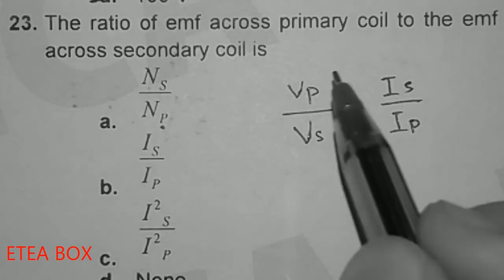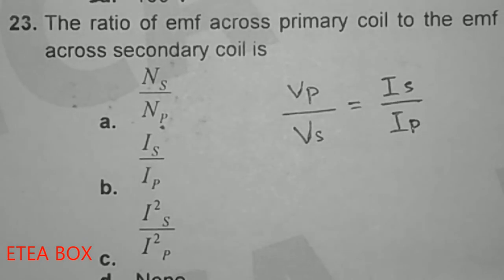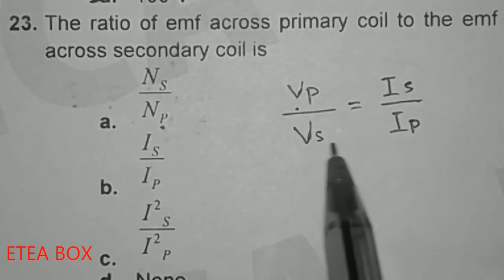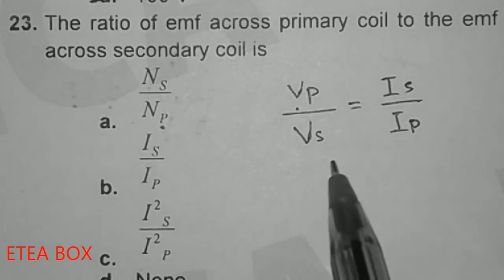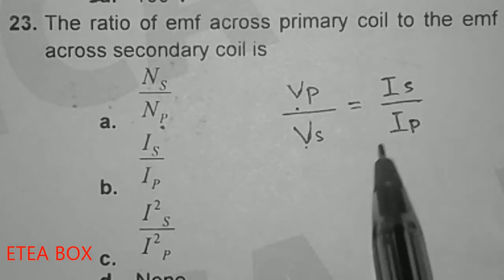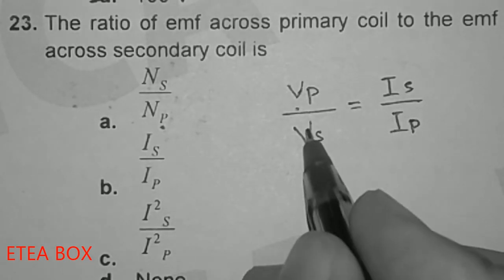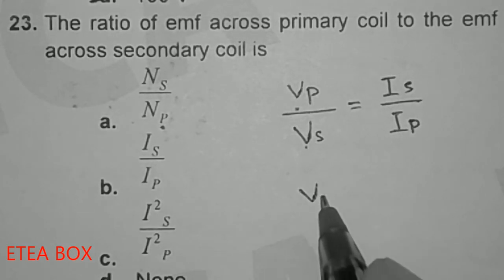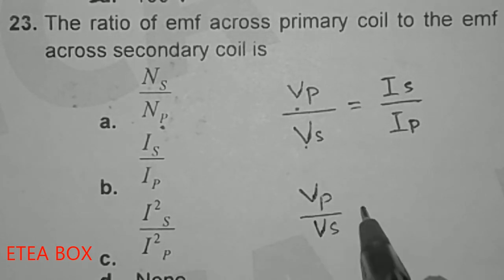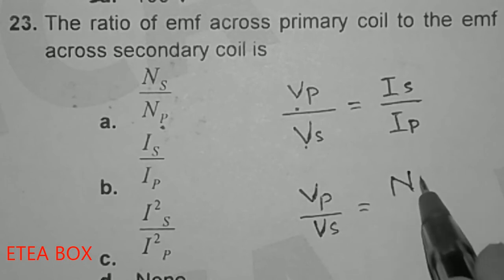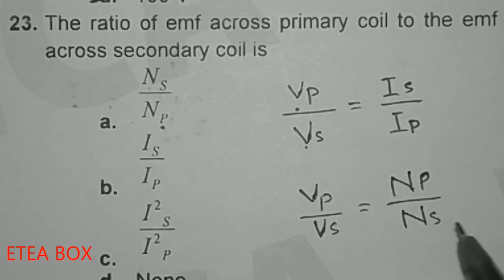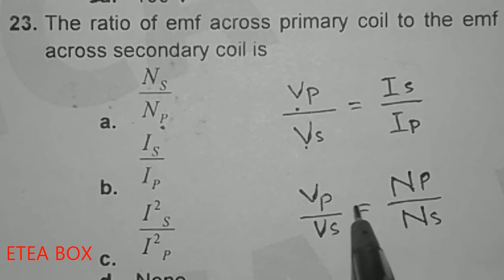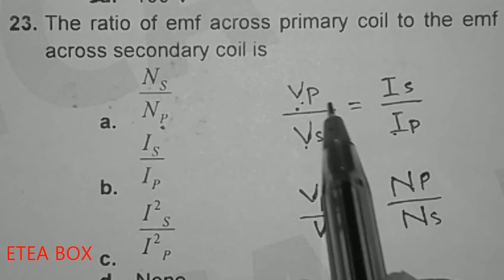The relation between Vp and Ip is inverse, and the relation between Vs and Is is inverse. Now if we write this formula in terms of number of turns, it will be Vp divided by Vs is equal to Np divided by Ns. It means that the relation between the voltage and the number of turns is direct, while this one has an inverse relation.